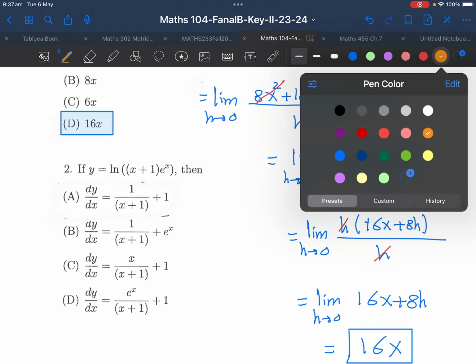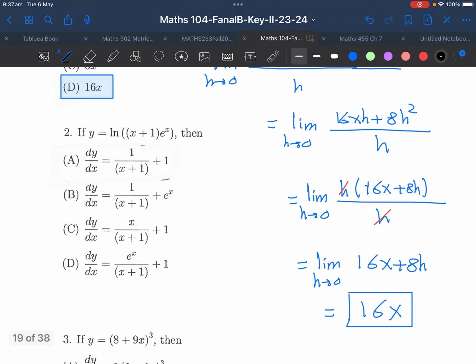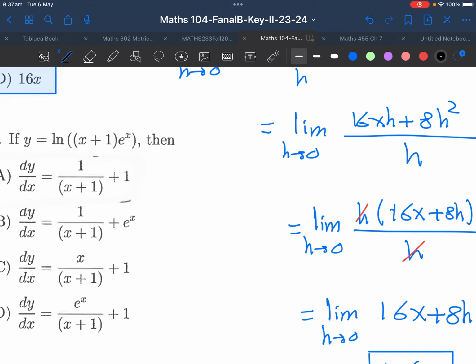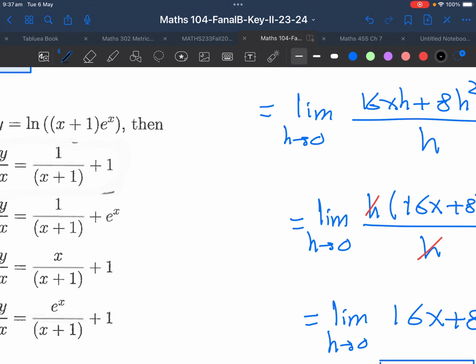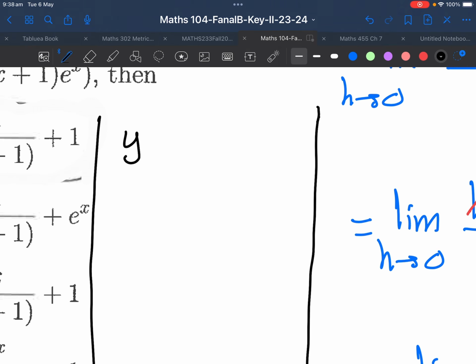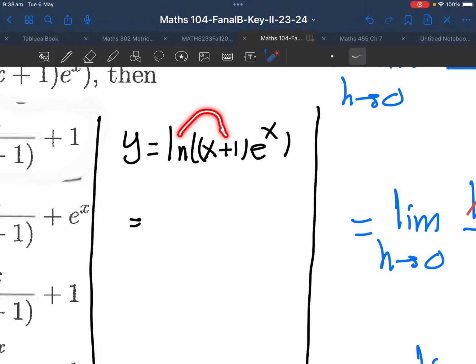Next question is about finding the derivative of the ln. Let me just do it here. For this question, I have y equals ln of (x plus 1) times e to the x. So the first step, I will distribute the ln on (x plus 1) and on e to the x.